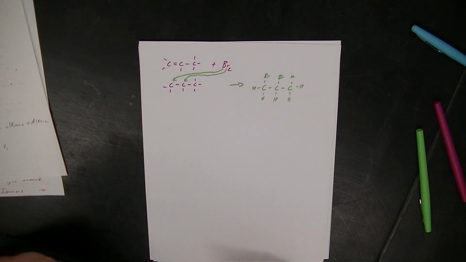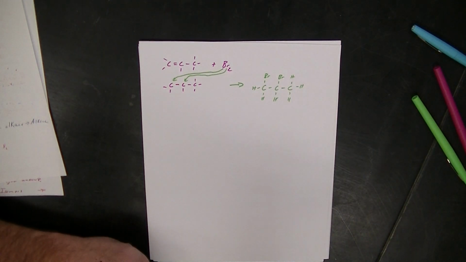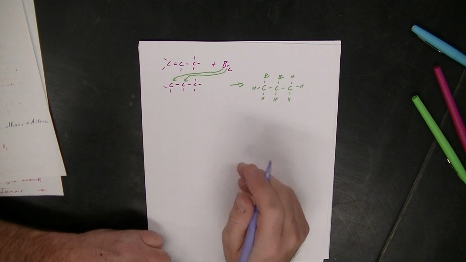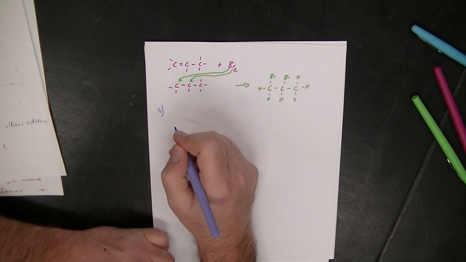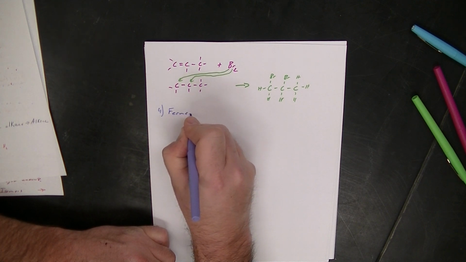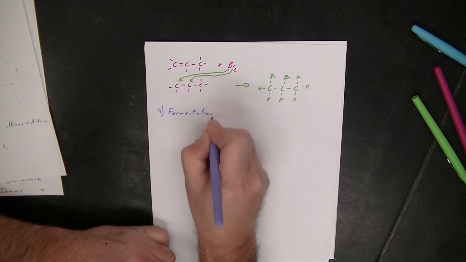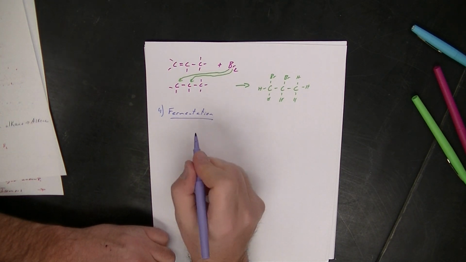The next thing I want to quickly talk about is fermentation. So this is number, what are we on, 4? Fermentation is actually a simple reaction. Okay, so this is how we make alcohol.